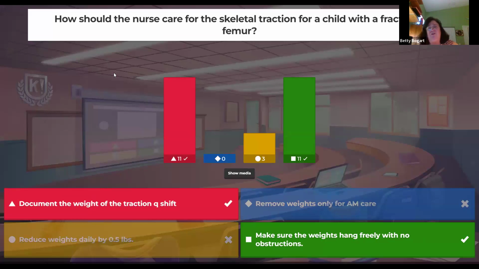So, skeletal traction, when you have traction, something's pulling something, so make sure you document the weight. The other thing is you never take that weight off, ever, okay? And you never decrease it. You keep it the same and make sure it's free hanging so it's pulling the way it should. Never take it off.